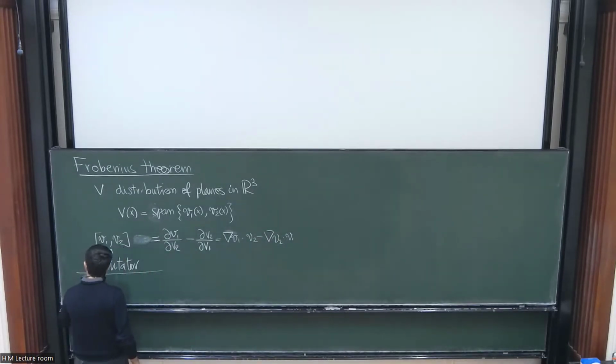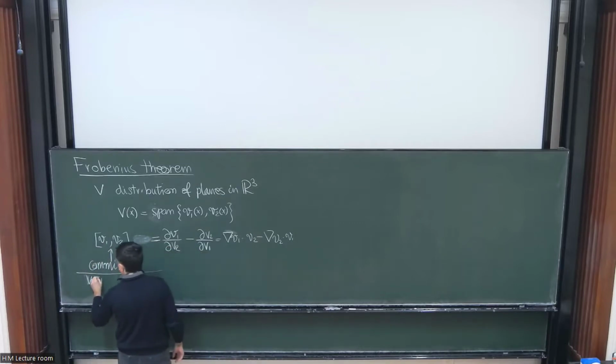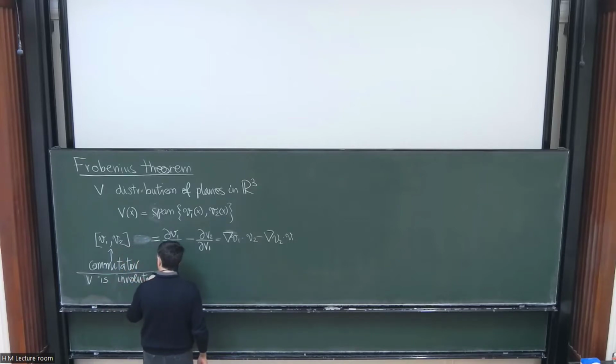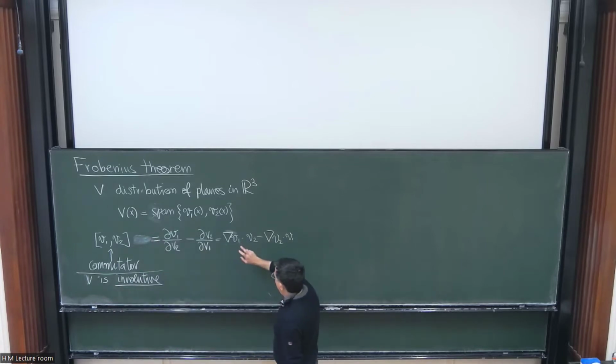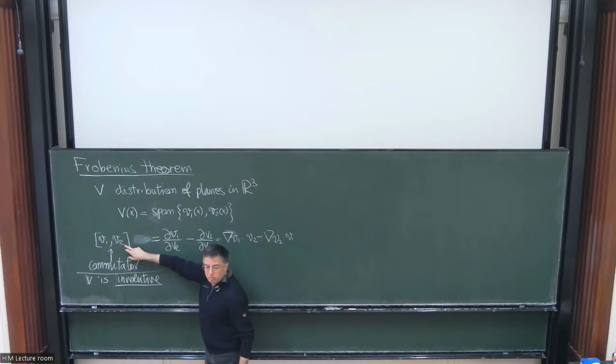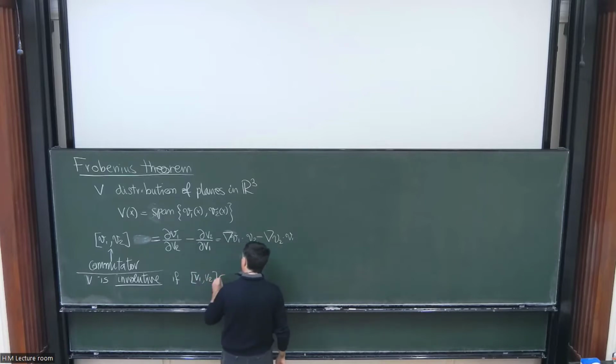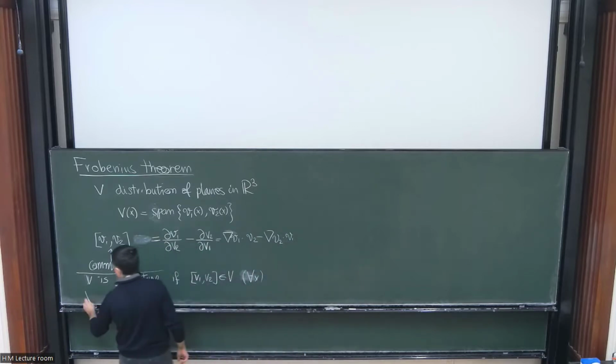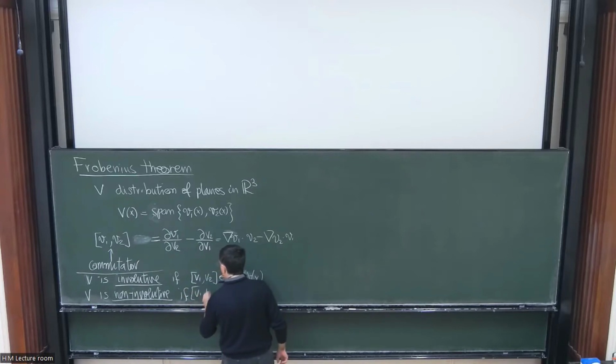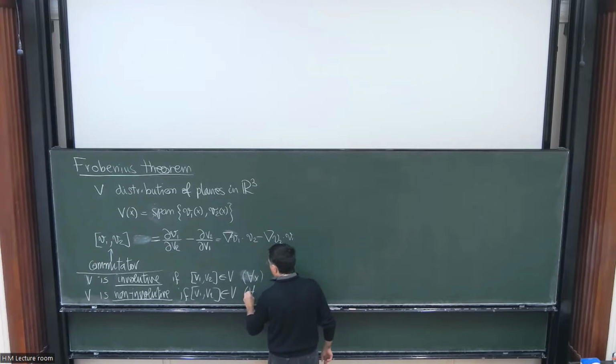And also terminology. V, the distribution of planes, is called involutive if this commutator, which is a vector field, belongs to the span, to V itself, for every X. And same, I say that it is non-involutive if the commutator does not belong to V for every X. Of course, there is something in between.